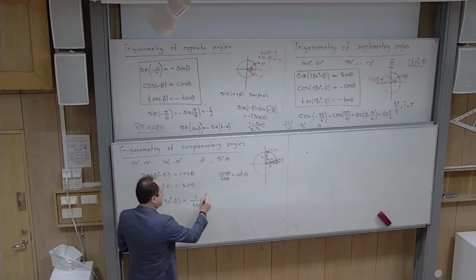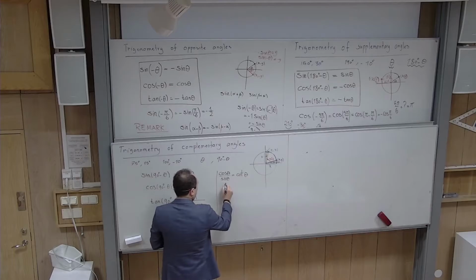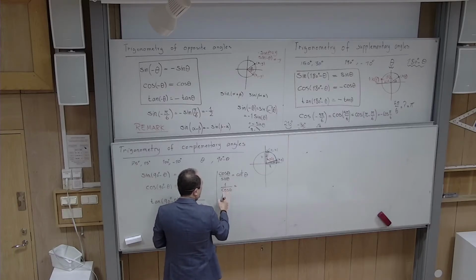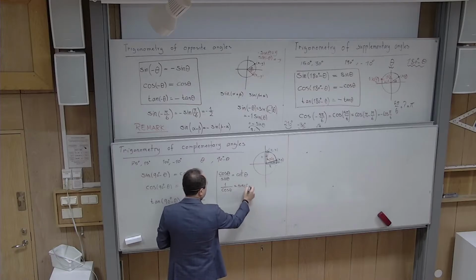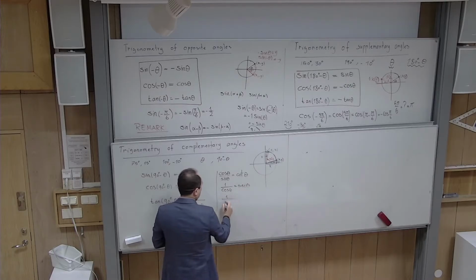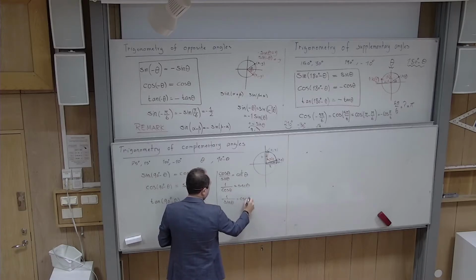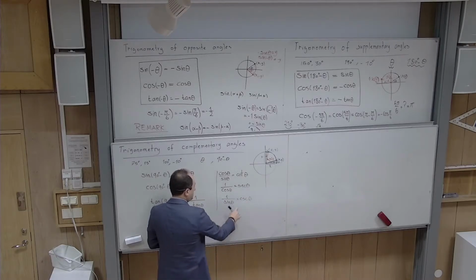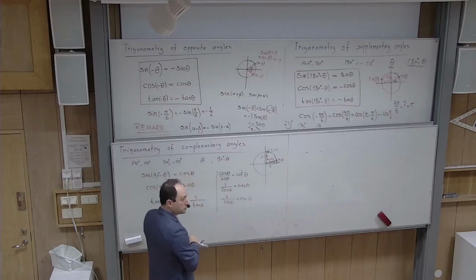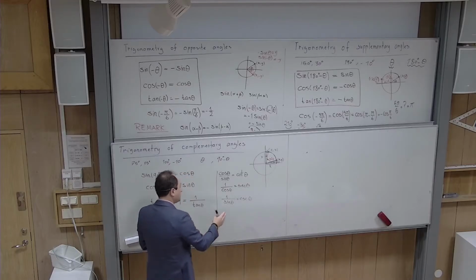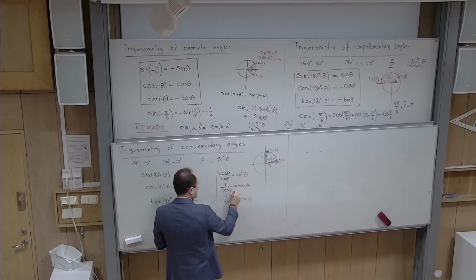Yes? And let me just also mention that there is also a famous combination. This appears a lot in trigonometry. 1 over cosine is called secant, and 1 over sine is called cosecant. CSC means cosecant. You read it cosecant, and this is secant, and this is cotangent.